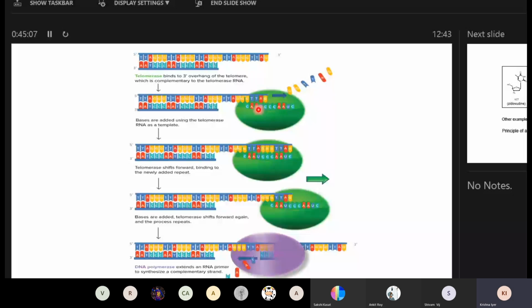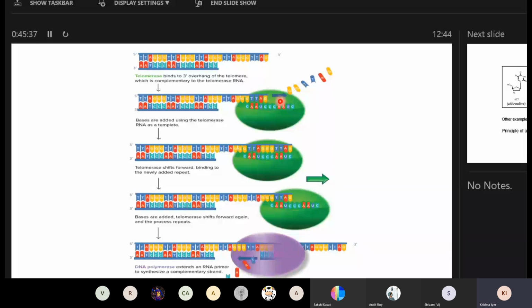Now, when this happens, you realize now I've got a 3' end here, right? And this enzyme, which is a reverse transcriptase, reads this RNA which it itself has, and it uses this DNA which is bound here, and extends that DNA by adding complementary bases.